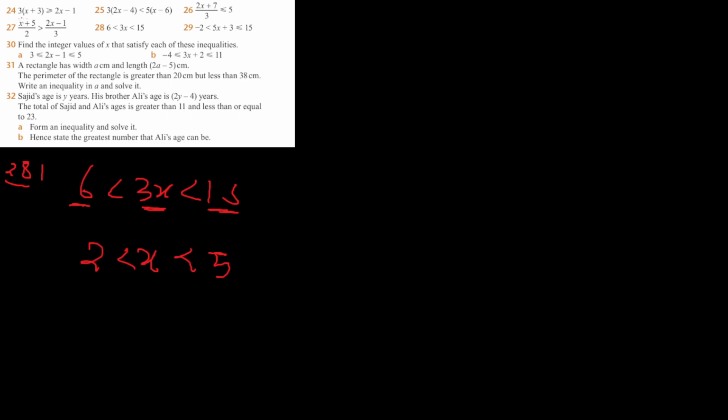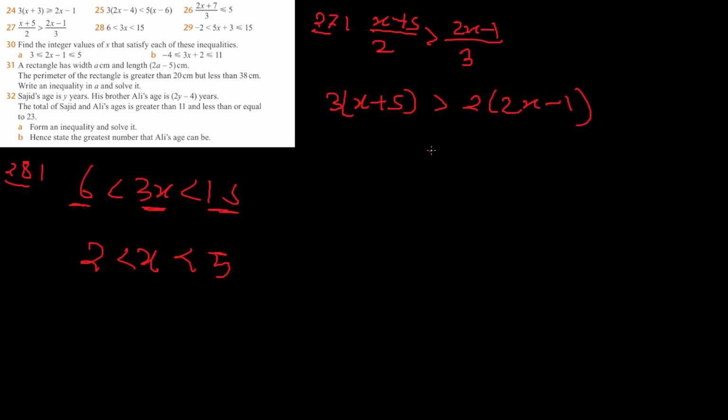Let's do 27 since this looks a little complicated. x plus 5 over 2 is greater than x minus 1 over 5. We can just cross multiply this. Now let's simplify this.